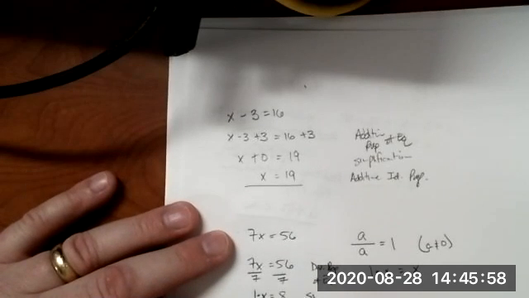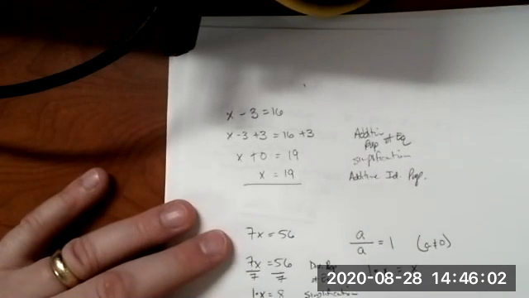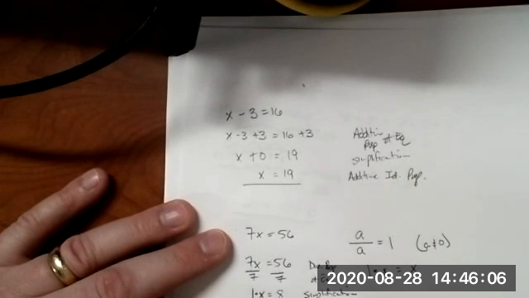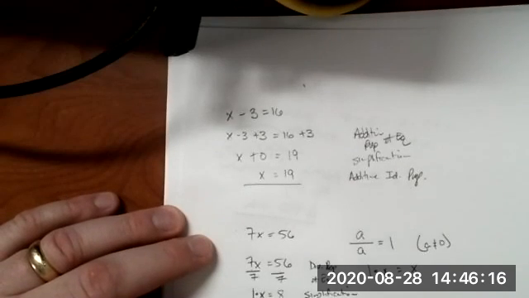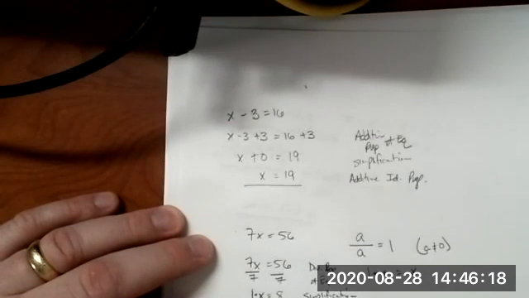And I know that's true because that's just simplification. All right? Well, 1 times x is x. So x equals 8. And that is the multiplicative identity. Okay? So x equals 8 is our answer to number 3.